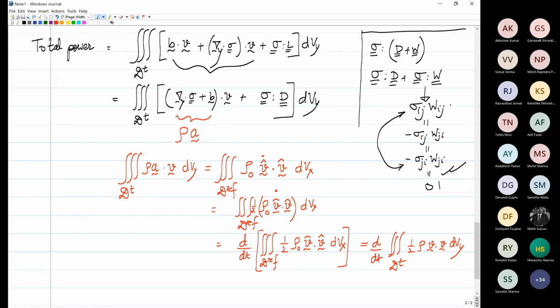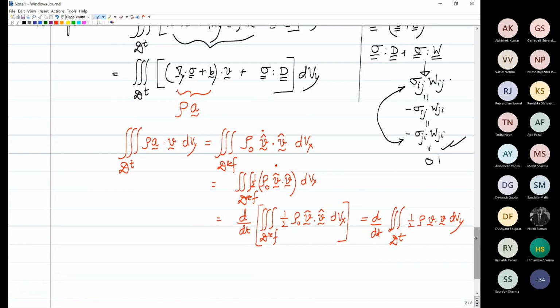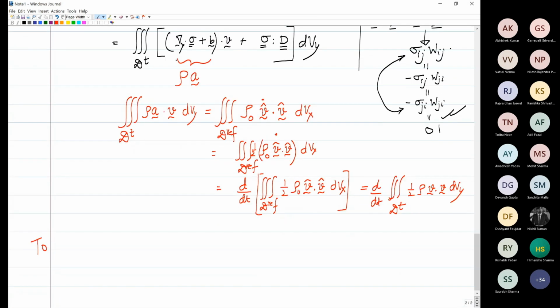And you see, you can write it in either Eulerian form or in the Lagrangian form. So what you have found finally is that total external power, that's equal to rate of change of kinetic energy of the system, right?